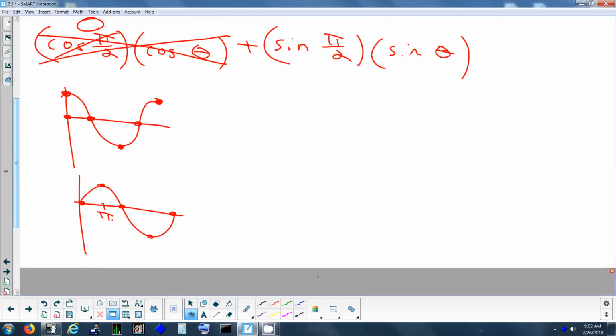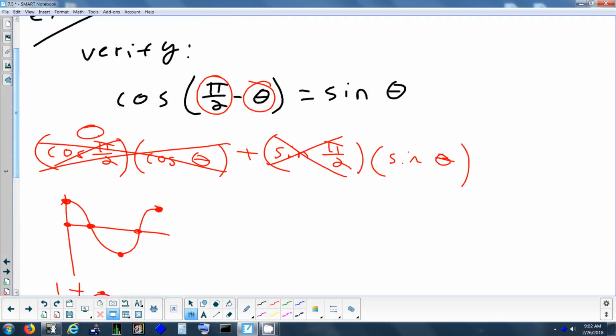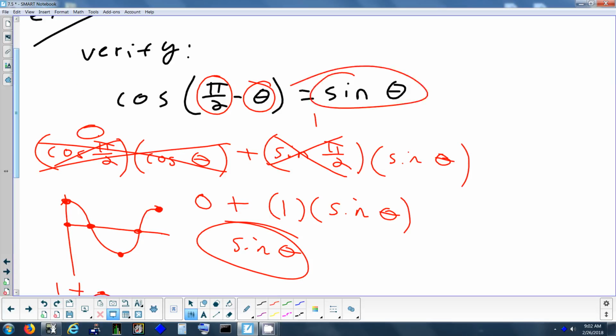Pi over 2 has a sine of 1. So the only thing I'm left with is 0 plus 1 times sine theta. Well, 0 plus anything, we don't even need to do 0. And then 1 times sine. All you get is sine, which is exactly what you were supposed to get.